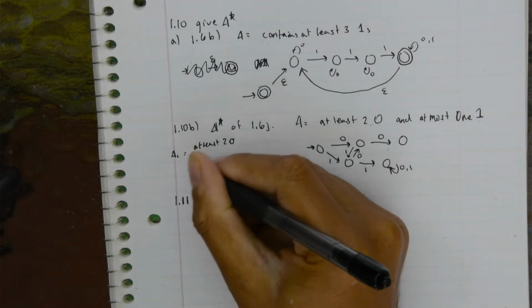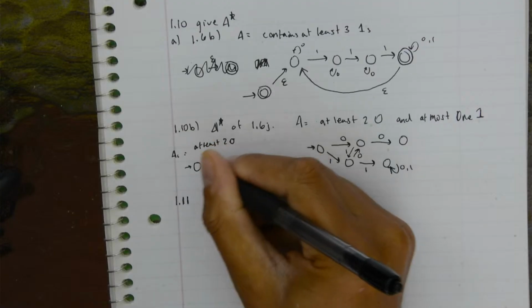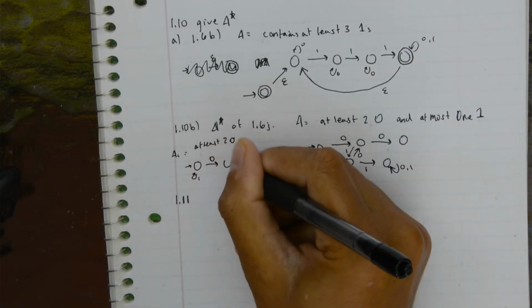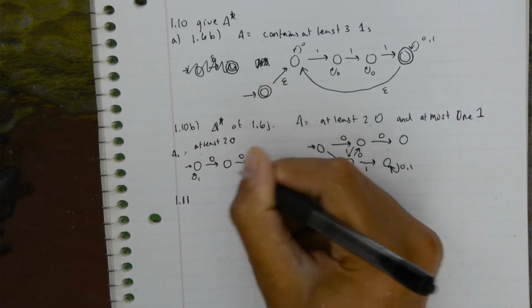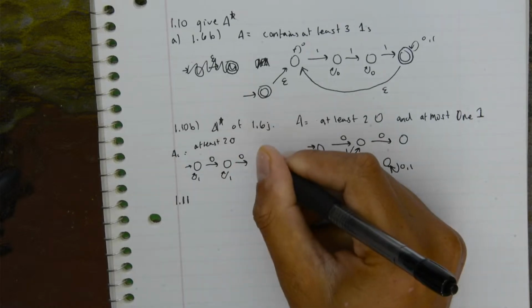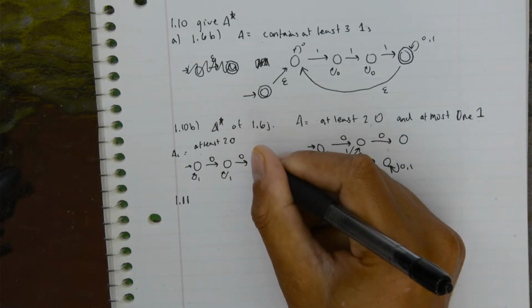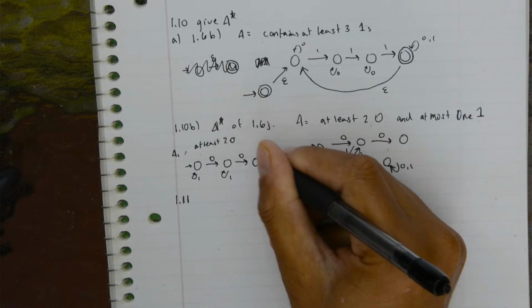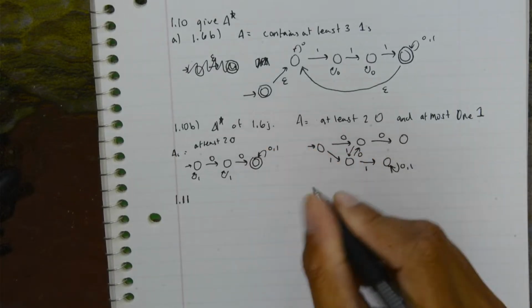Okay, so you start here, you get a 0, 1, 0, 1, 0, 1. This is all it is.